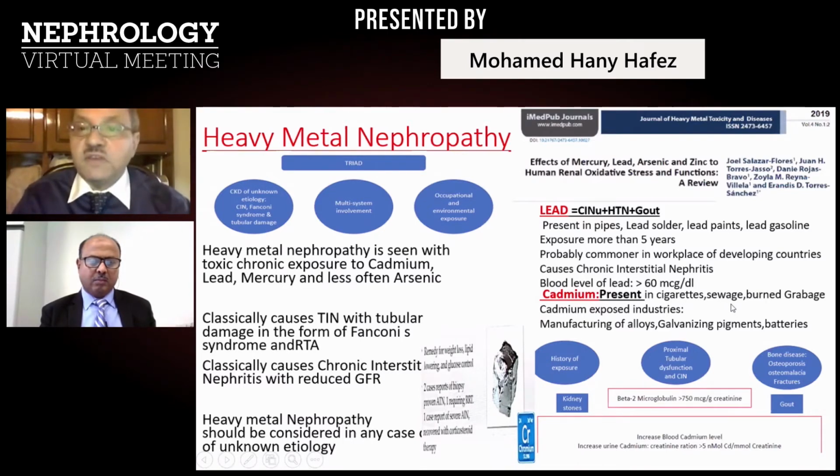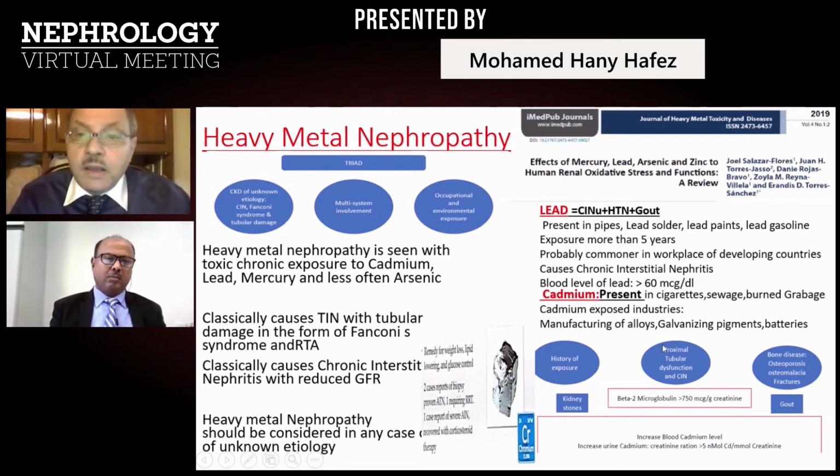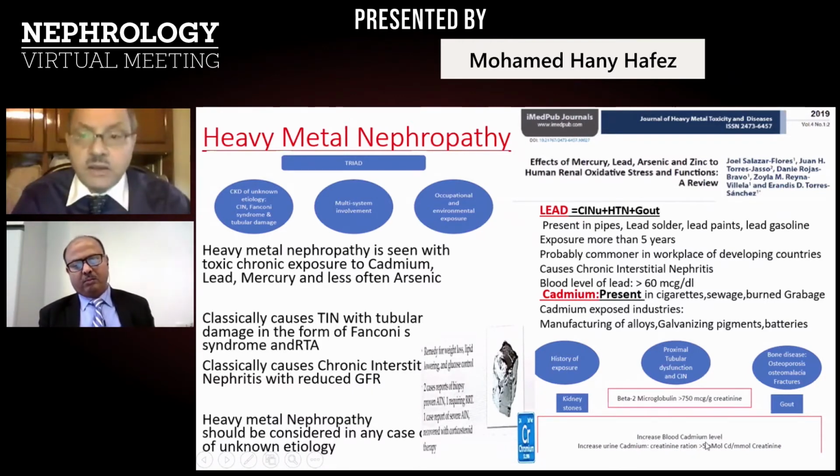In cigarettes, sewage, burned garbage, cadmium-exposed industry, in manufacture of alloys, batteries, and you see here the history of exposure: kidney stone, gout, proximal tubular dysfunction, osteomalacia, and you diagnose by an increase of the blood cadmium level, and beta-2 microglobulin will be very elevated.